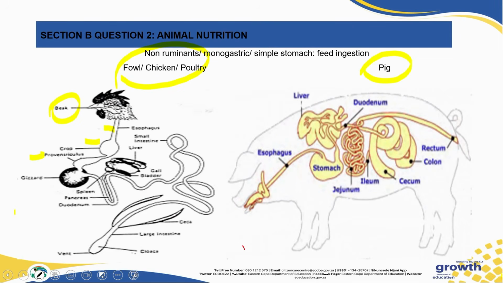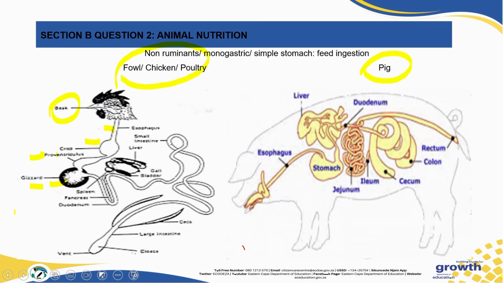And then food moves from the proventriculus to the gizzard. The gizzard is that part of the stomach of a fowl where mechanical digestion takes place. By mechanical digestion, we mean the grinding of food, the physical digestion of food, where food is broken down.